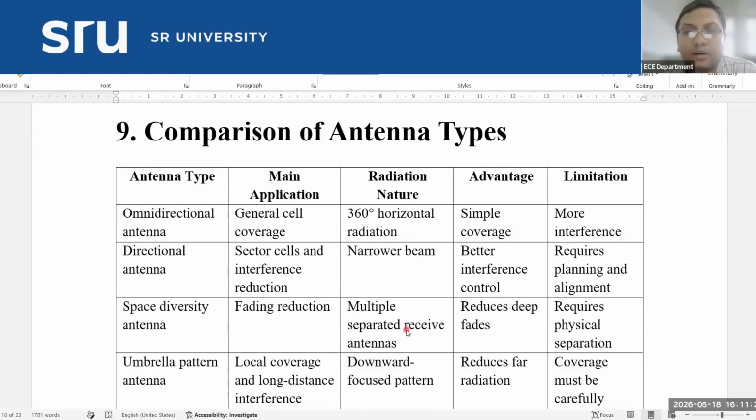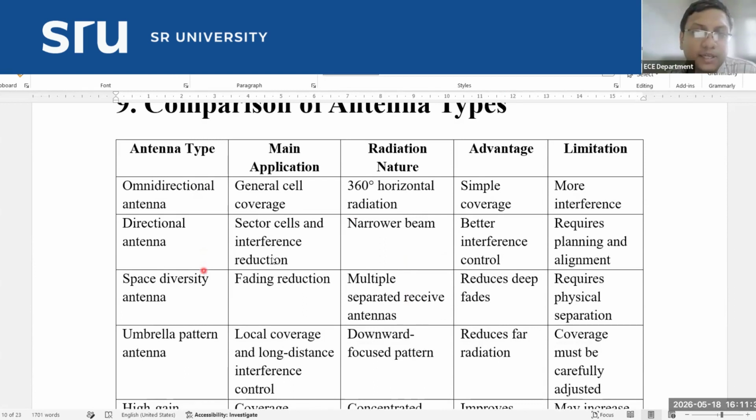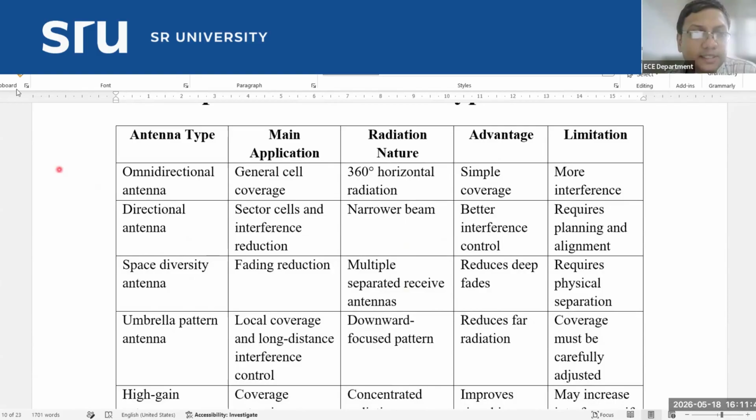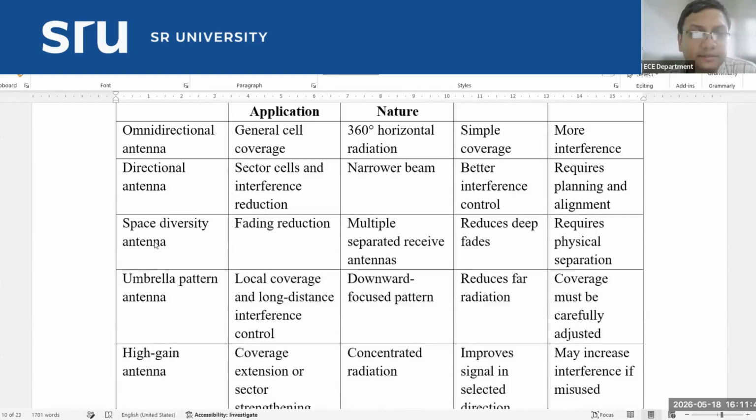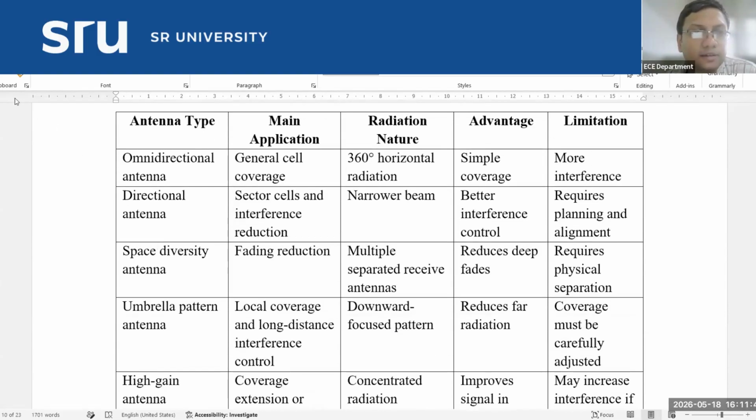So we have discussed a lot of antennas. Now let us make a summary of that. The first antenna that we discussed is the omnidirectional antenna. The main coverage is 360-degree horizontal radiation. It's very simple to design, simple to install, and for coverage it is great.